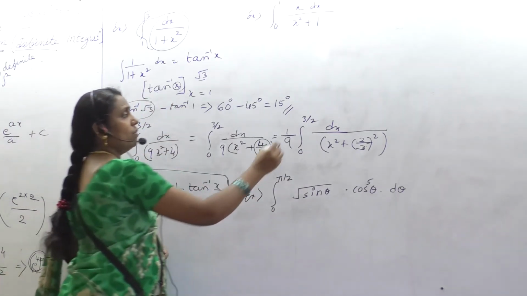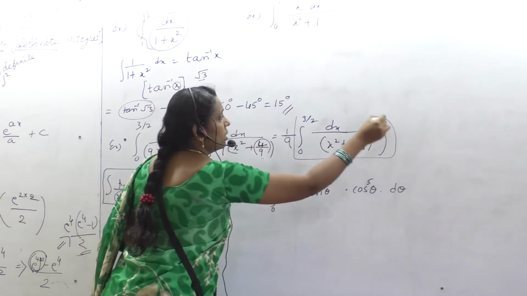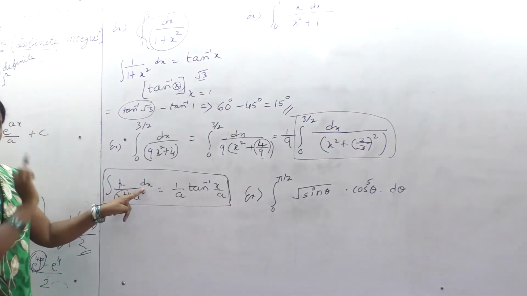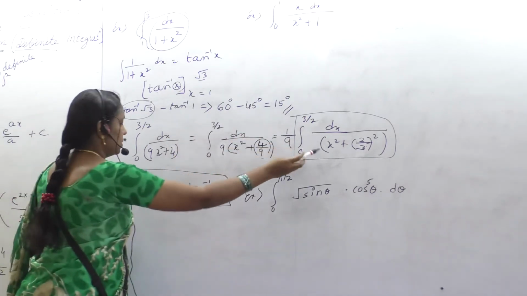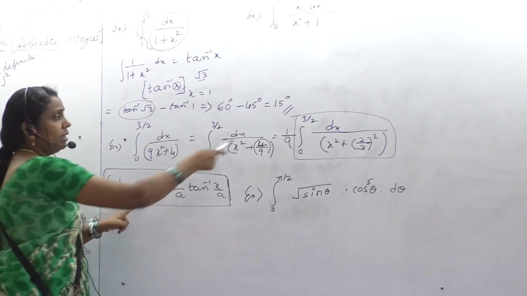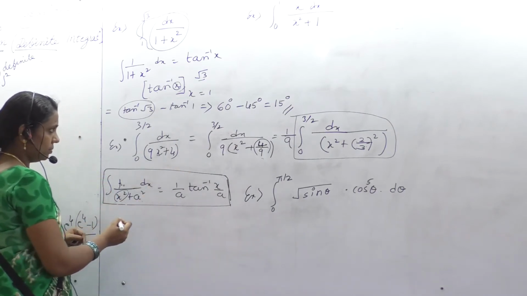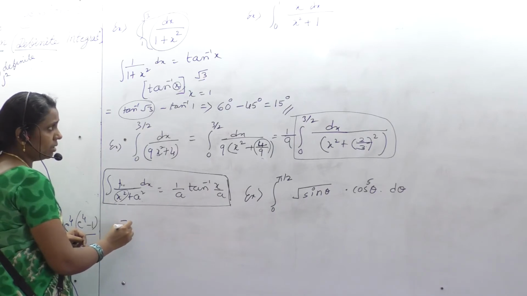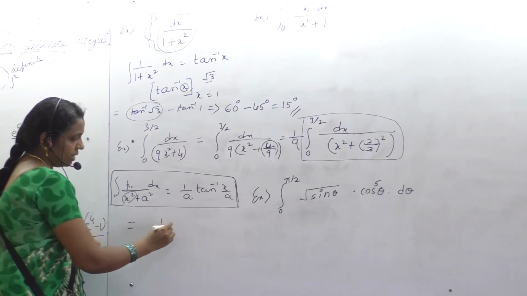So is it of the form? Check this one. Is it of the form dx by x square plus a square? Compare and say the result. Here, what should the result be? 1 by a.